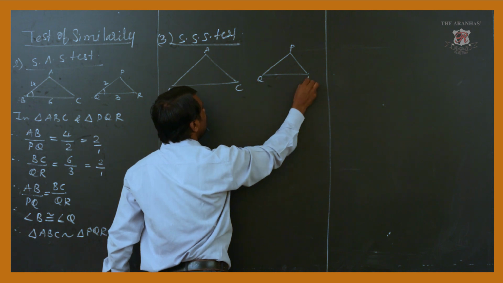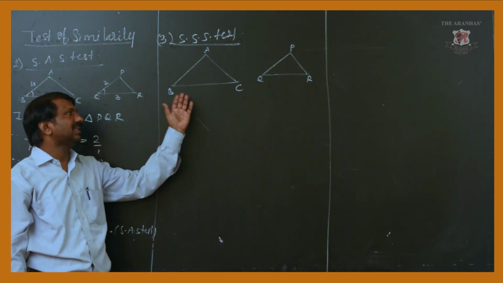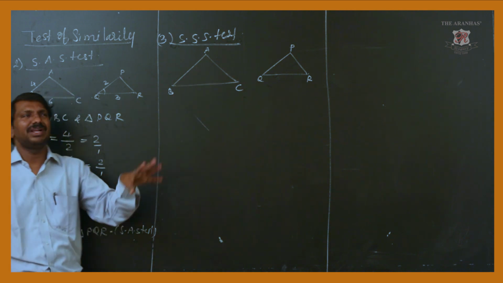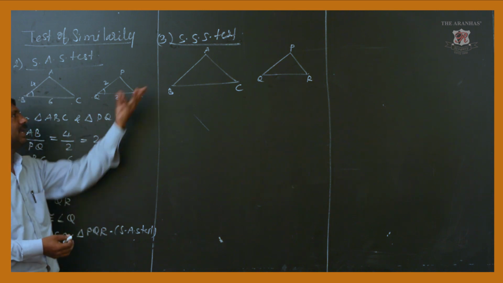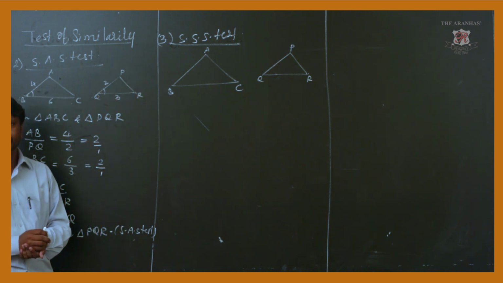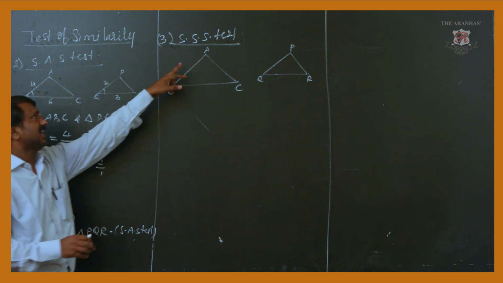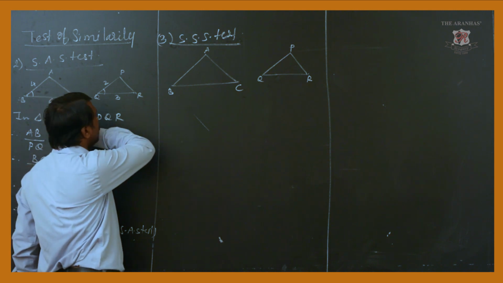It's not compulsory that every time you write the names of the triangles as ABC and PQR, but these are the favorite names in the textbook. Sometimes when you want to write a name, ABC, PQR, XYZ immediately come to mind. So you can give any name. Here, for ABC and PQR, the correspondence is given and some of the values are there.